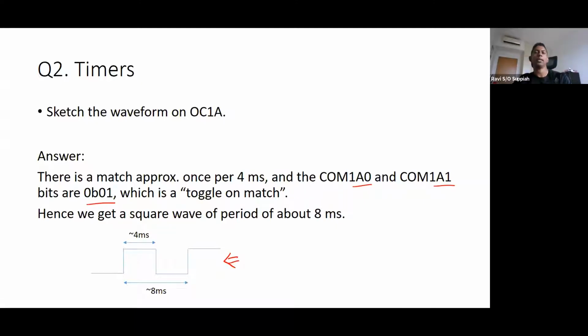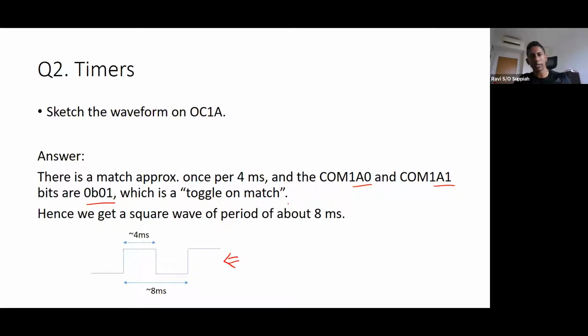The interrupt is one thing; the pin behavior is a separate thing. Once you configure it, it just happens automatically all the time as long as the timer is enabled. We saw that for the PWM as well. You don't need to keep resetting all the registers. The moment you configure them once, it will just happen, because it is a hardware driven peripheral system.